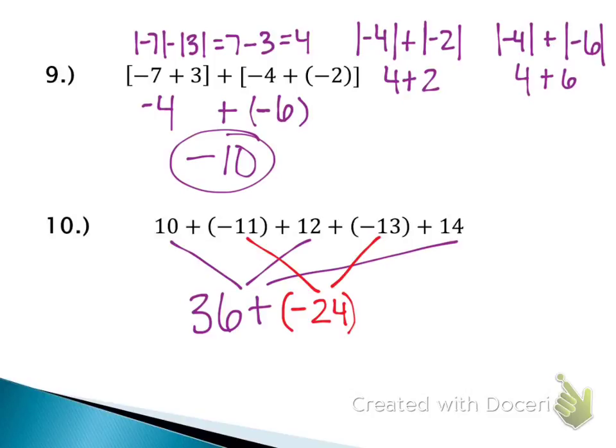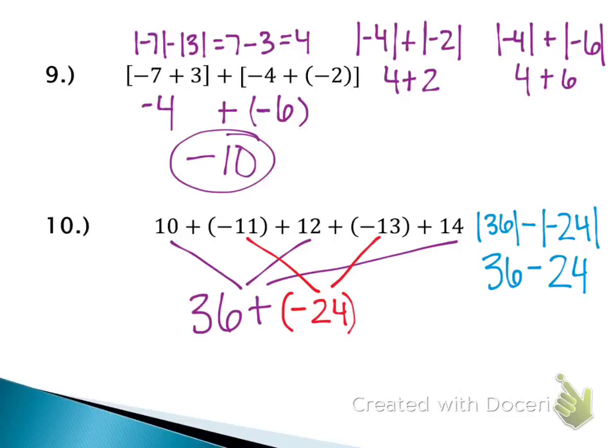Here, we are going to take the absolute value of 36, subtract the absolute value of negative 24. The absolute value of 36 is 36. The absolute value of negative 24 is positive 24.